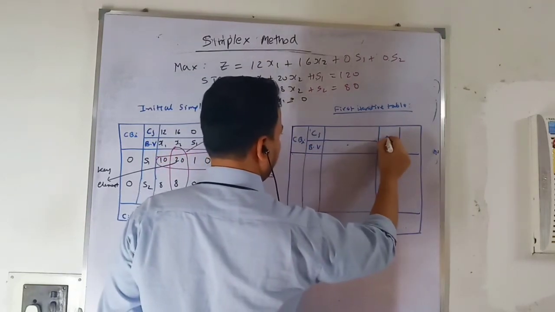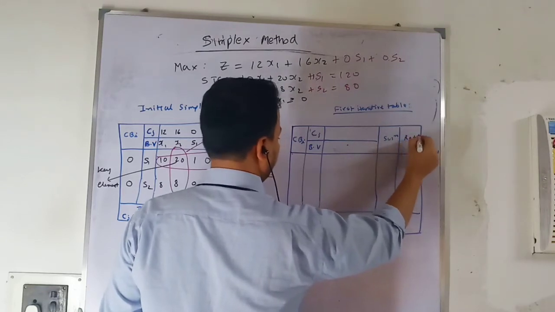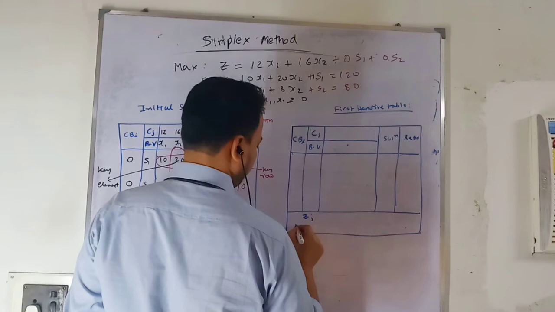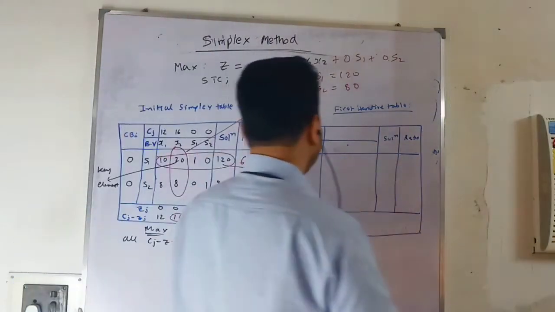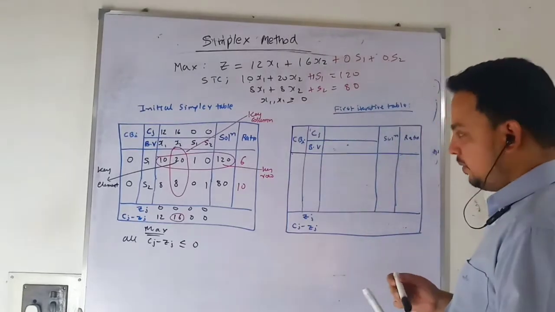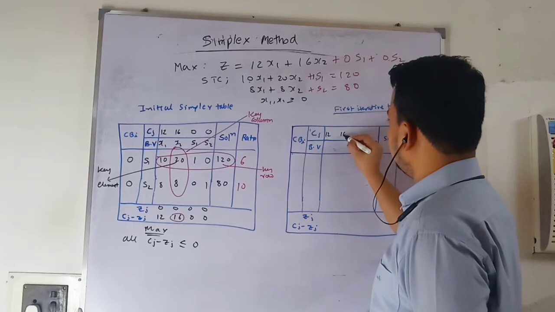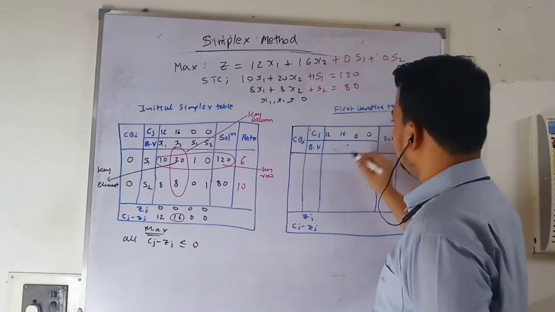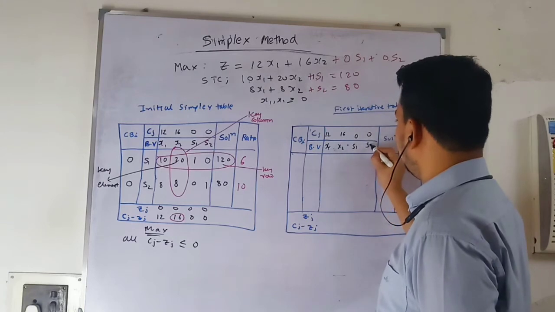Here you have solution, and here you have ratio. Here you have Zj value, here Cj minus Zj. So the coefficients remain the same: 12, 16, 0, 0. The variables are x1, x2, s1, s2.